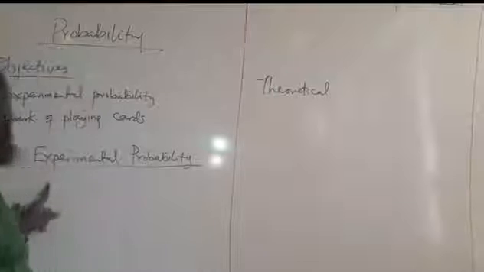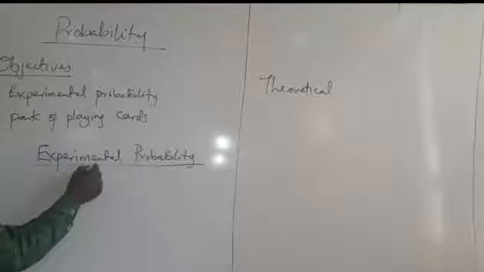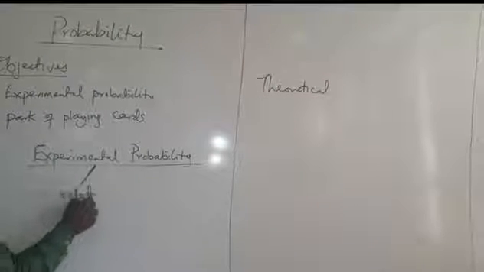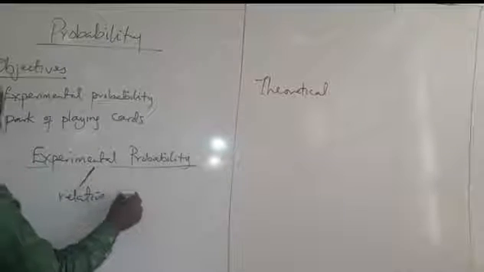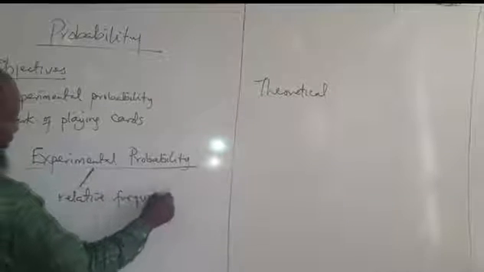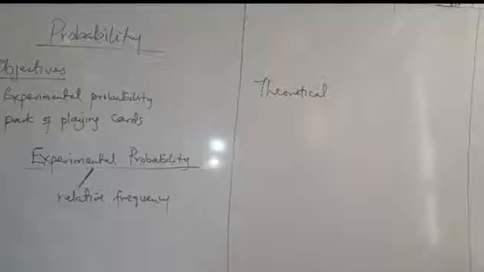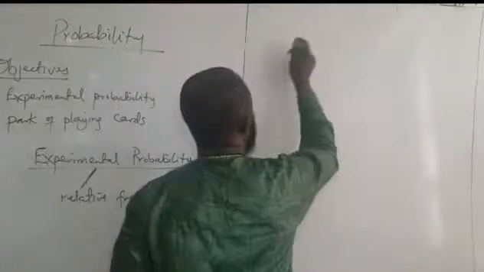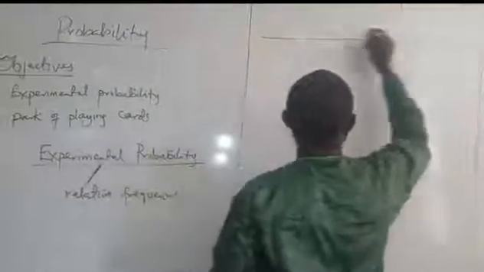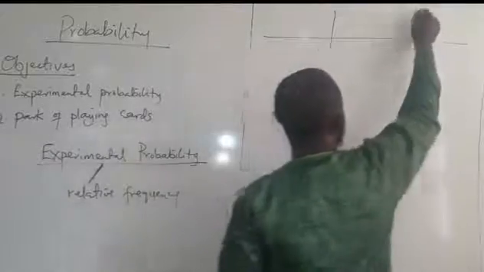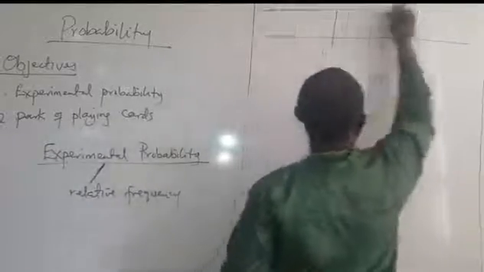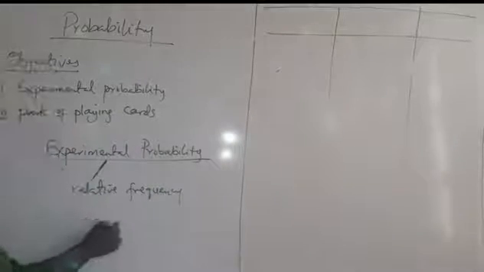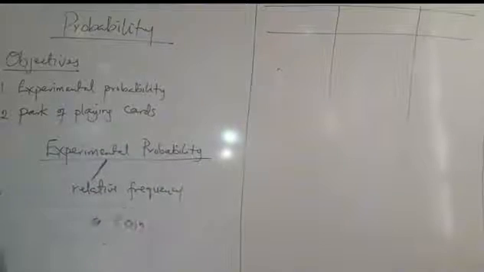Now when we talk about experimental probability, it's also known as relative frequency. Let's assume we have this table. We want to carry out an experiment on a coin.